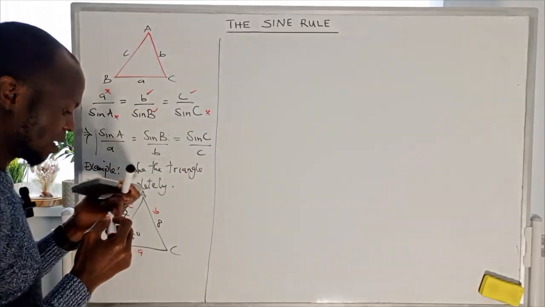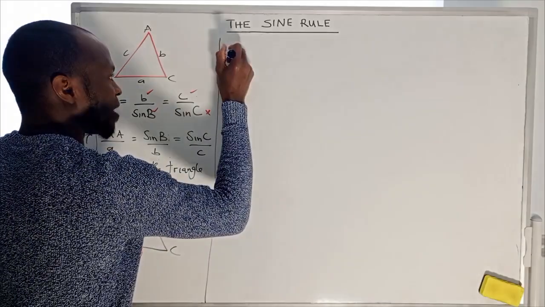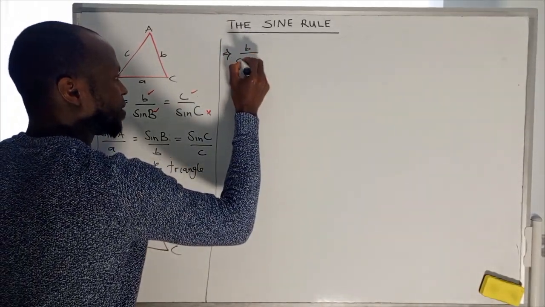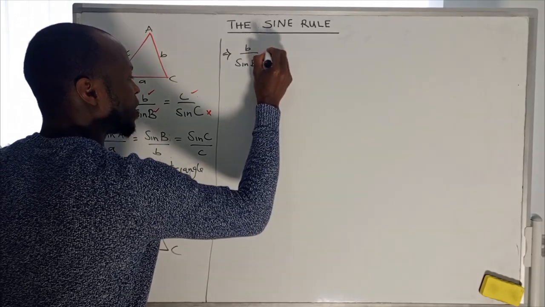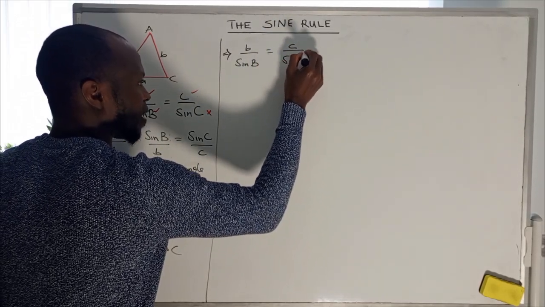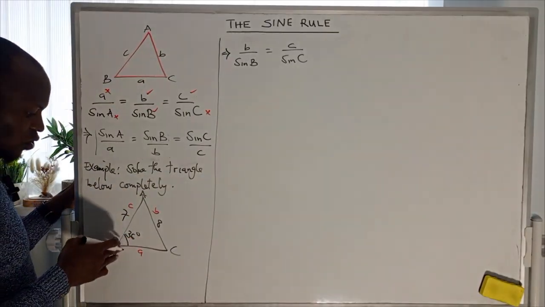I will start by saying side B over sine B equals side C over sine angle C. Now you put your values.